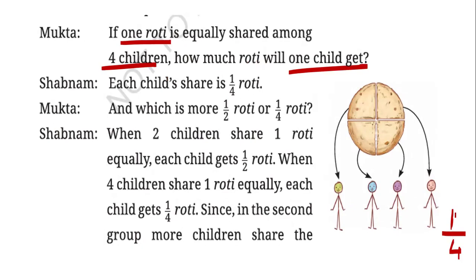That means 1 by 4, or 1 upon 4. Each child gets 1/4 roti.